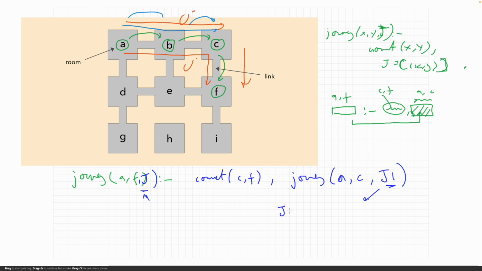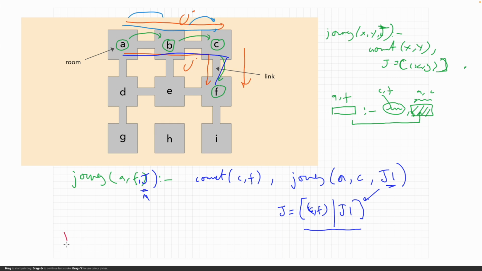J equals C to F joined with J1. That's it. So J, the full journey A to F, is J1 extended at the head by C to F.